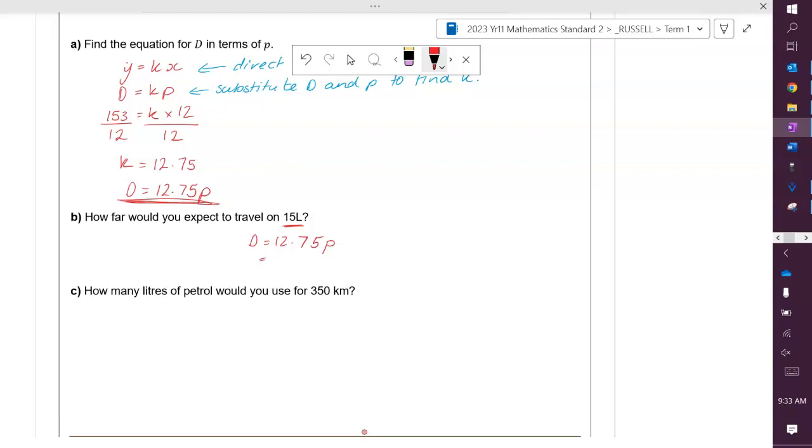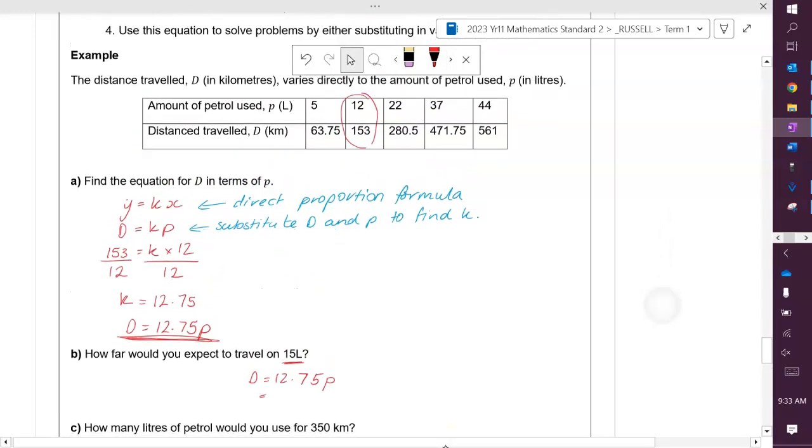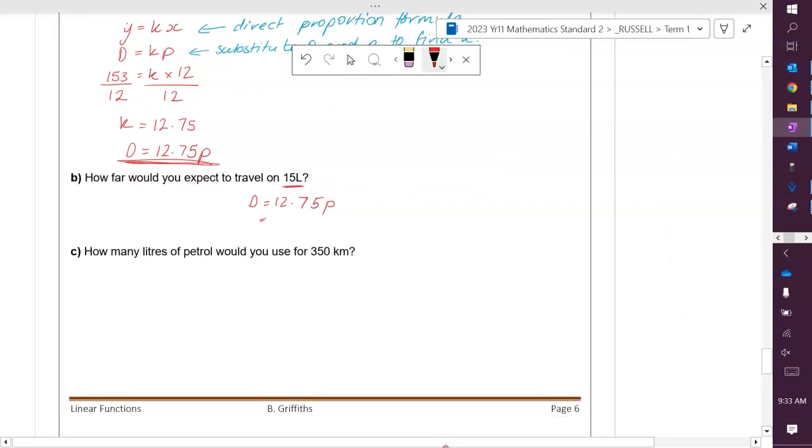We substitute in, so p is the petrol, the litres that have been used: 12.75 times 15. That tells us I would be able to travel a distance of 191.25 kilometres.